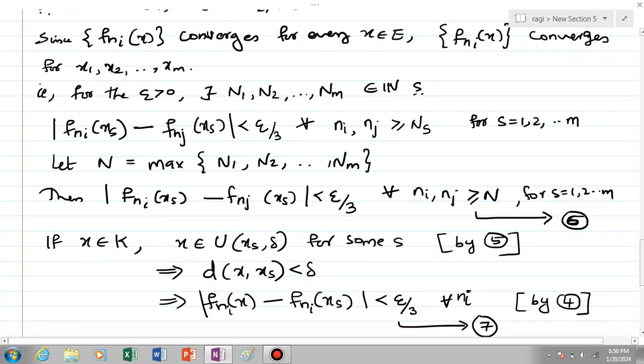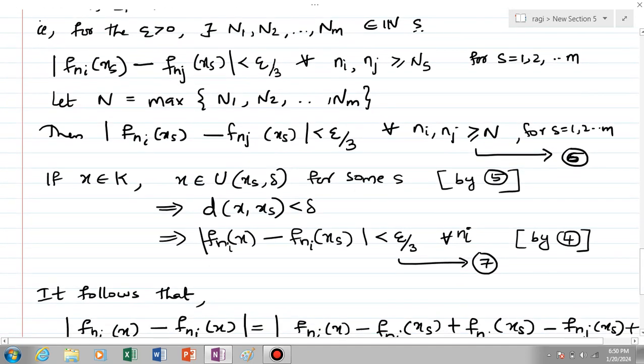Okay, if we choose a point x from K, then by equation number 5, x belongs to one of the open balls U(xi, delta). Let it be U(xs, delta). That is, x is an element of U(xs, delta) for some s by equation number 5.